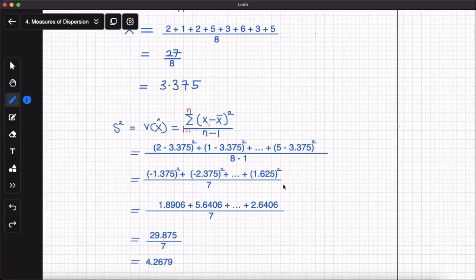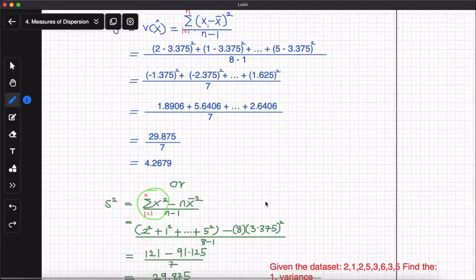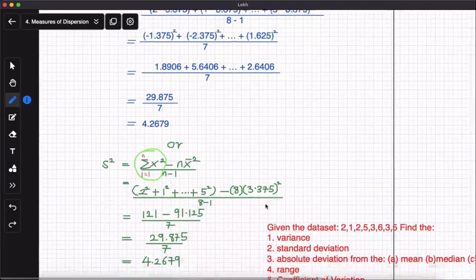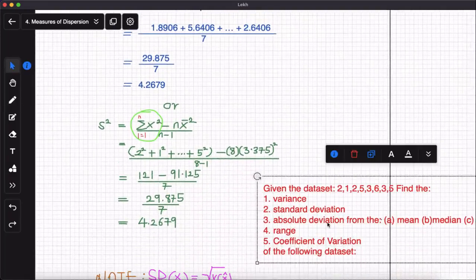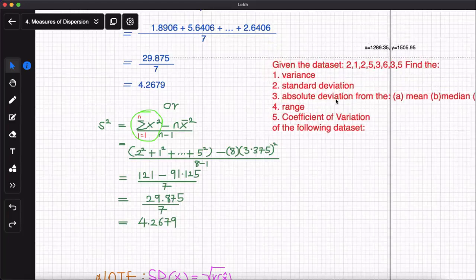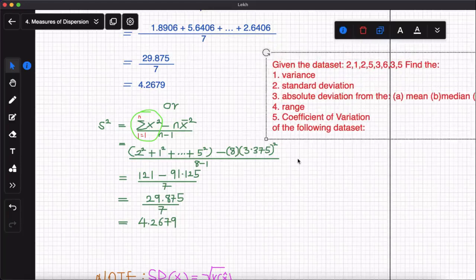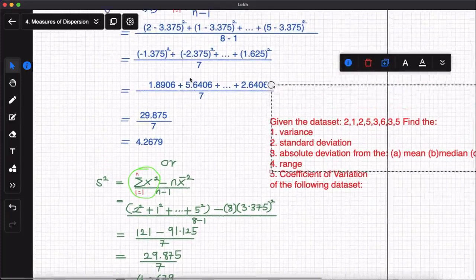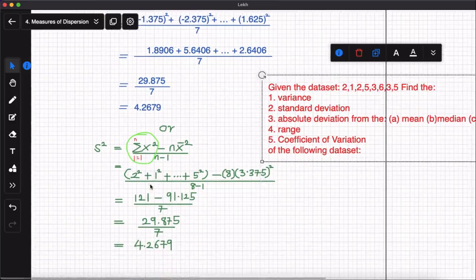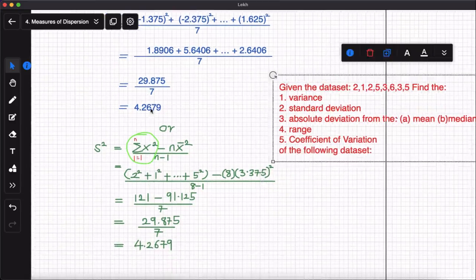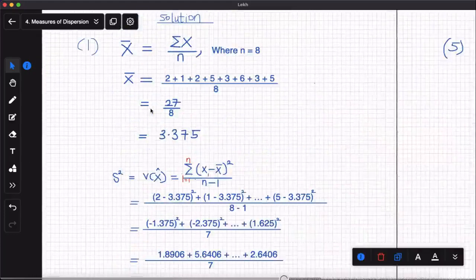The first 2 and the last one is sufficient to show it. Don't worry about this in red. This is just so that we can see the data set. Looking at this, when you add everything and then you do your division, you get 4.2679. But I may not really like to go by this formula.